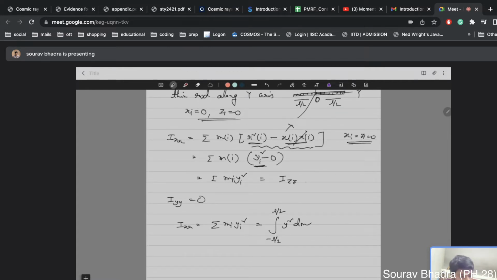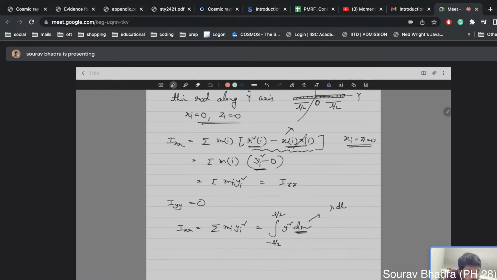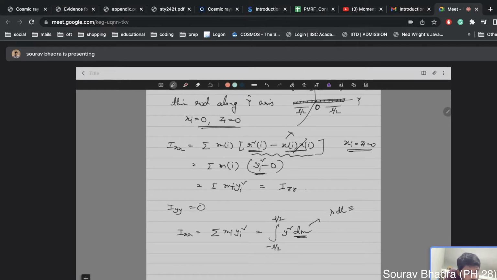Now dm is the mass of a small portion of that rod. This dm can be written as lambda dl. For our case, L is along the y coordinate, so we can write it as lambda dy. So what is lambda? Here lambda is the mass density.